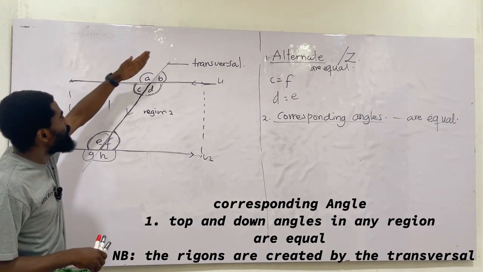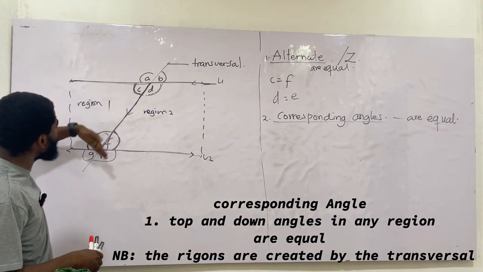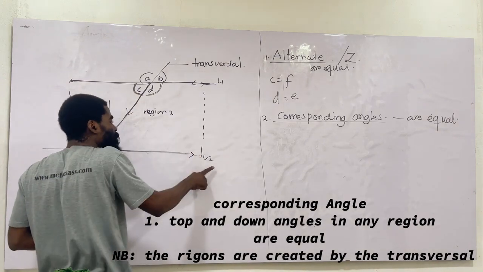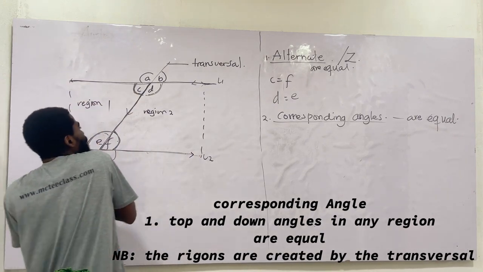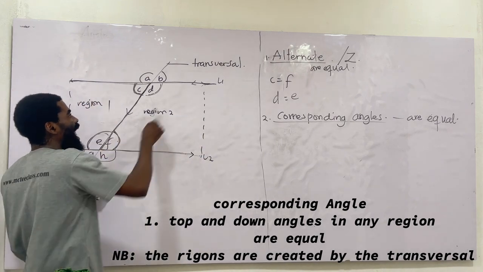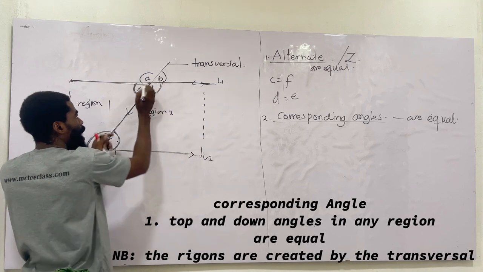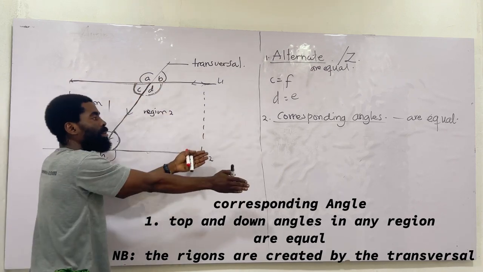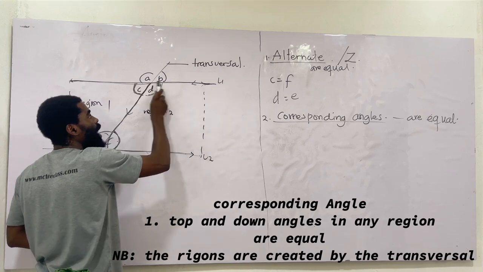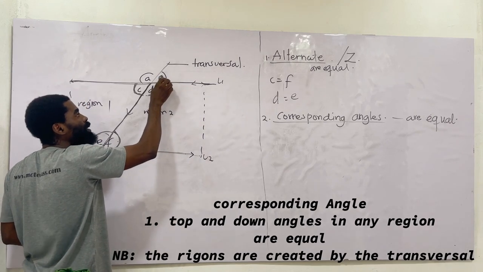You could see that this line, the transversal, has given us a region 1 and a region 2. And we have line 1 and line 2. When we look into region 2, at this line 1, I'm focusing here. At this line 1, the angle on top here is B.